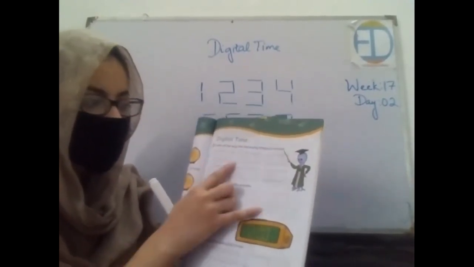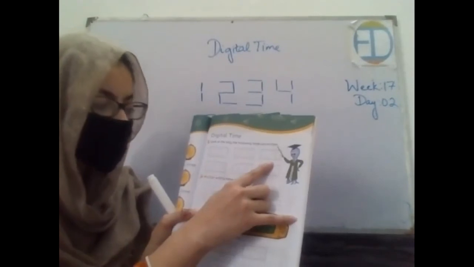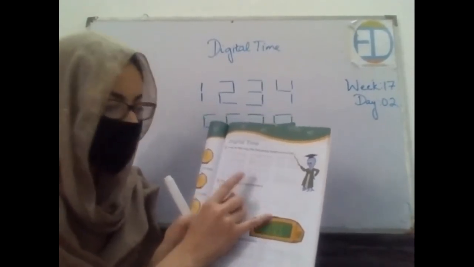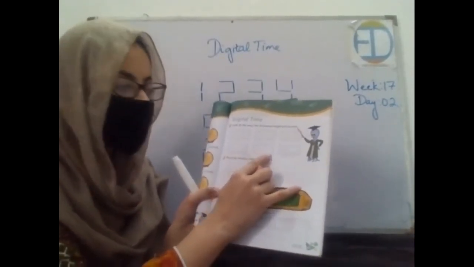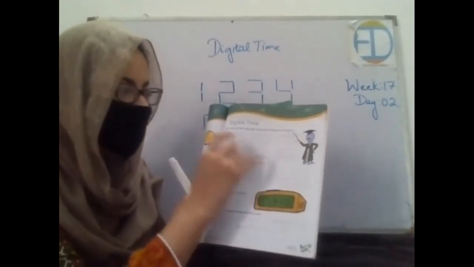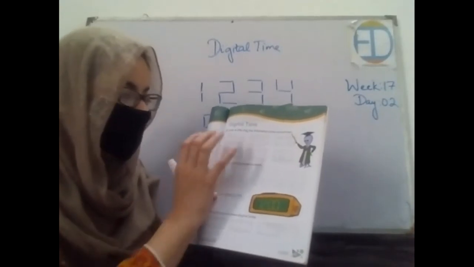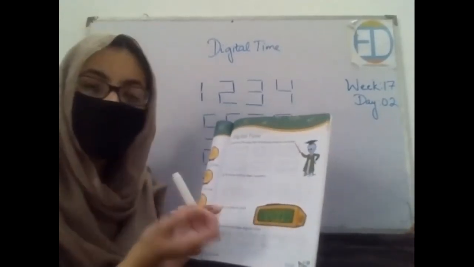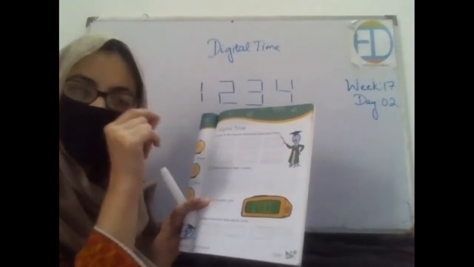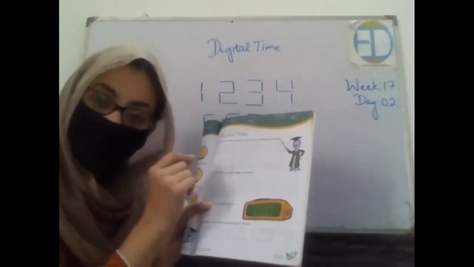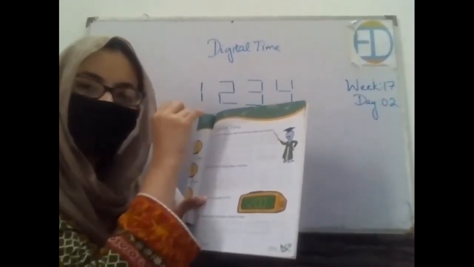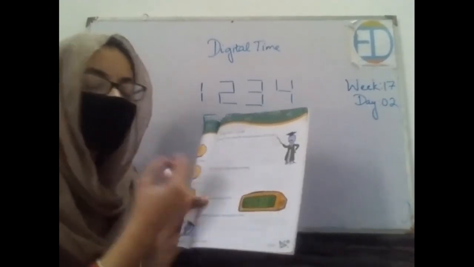This is 1 o'clock, this is 1:30, this is 2 o'clock, 2:15, then we have 2:45, then we have 10 o'clock, right? So you are supposed to see how they are written, and it would be better, because they are written in a dotted form, to put your pencil over it and give it a try, so that you will learn how to write the digits.